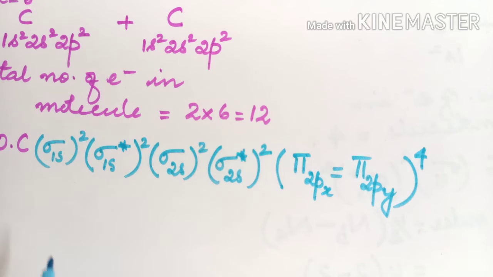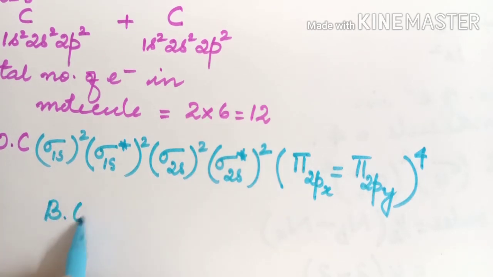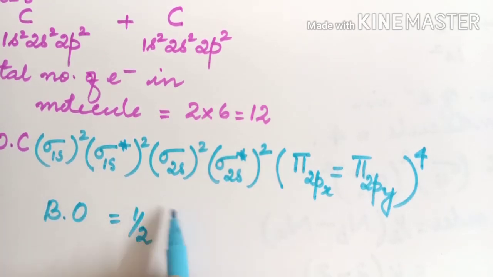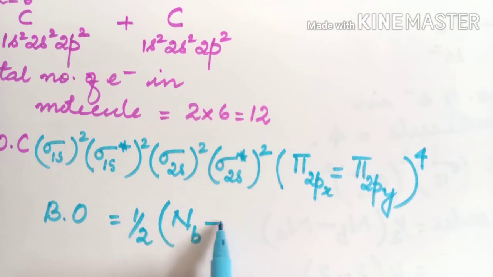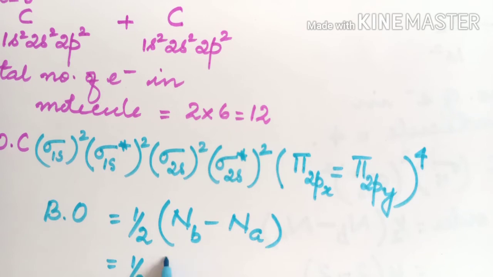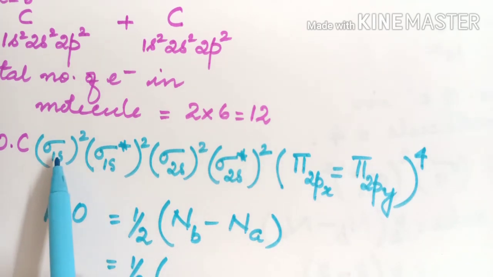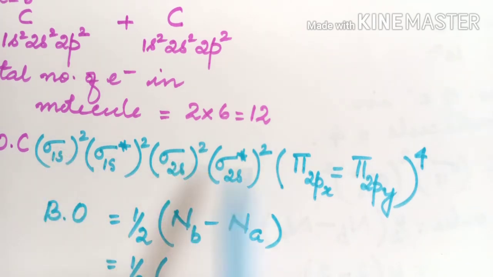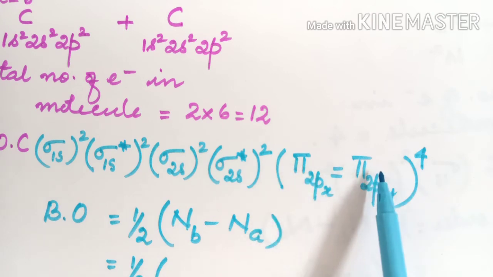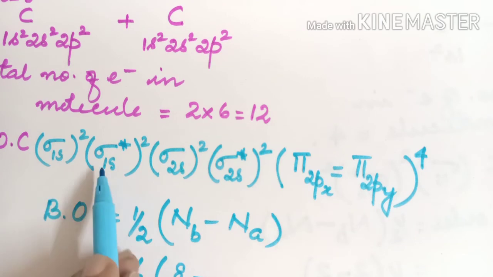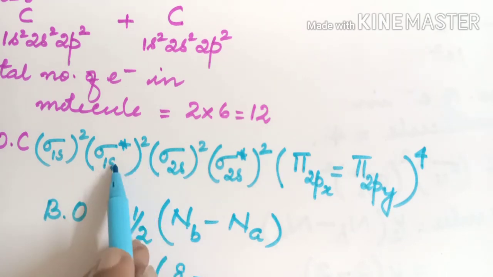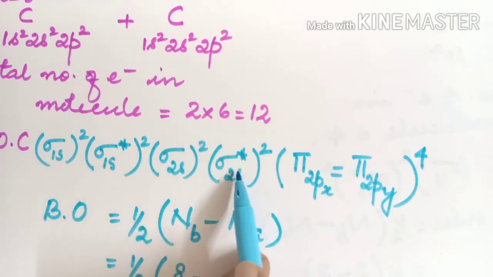On calculating the bond order, we get half of Nb minus Na. It will be written as half of, how many bonding electrons are there? 2 plus 2 plus 2 plus 2, a total of 8 electrons, minus, here we have 2 electrons in the antibonding, and this is also yet another antibonding, a total of 4 electrons.